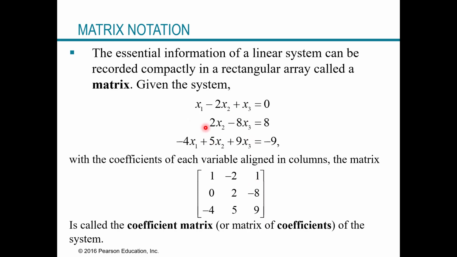For your second equation, because there's no x1, there's a 0 in the x1 column. The x2 column is your coefficients from x2: negative 2, 2, and 5. Your third column is your x3 coefficients: 1, negative 8, 9.